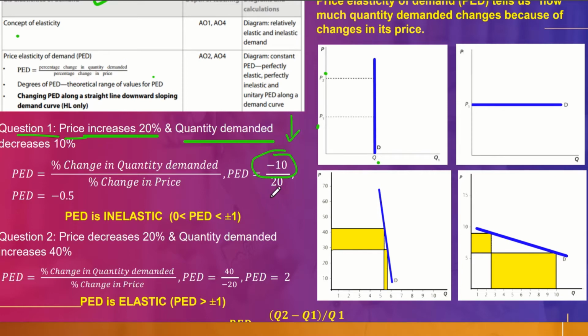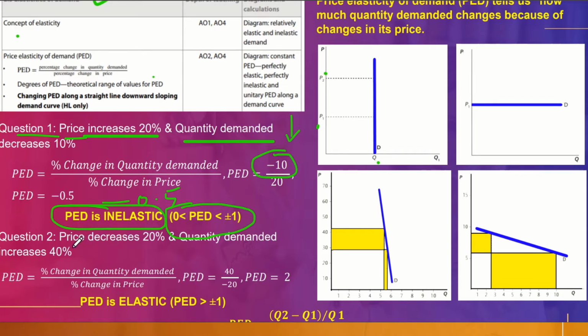Price is increasing by 20%, so it is positive. Minus 10 by 20 gives us minus 0.5, which means this is an inelastic demand curve. So the PED value will be greater than 0 but less than plus or minus 1. This is the range, so it is said to be inelastic.